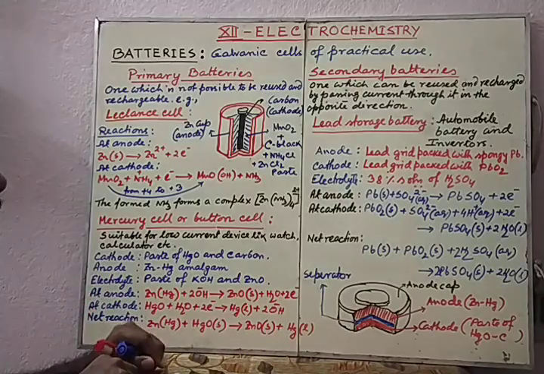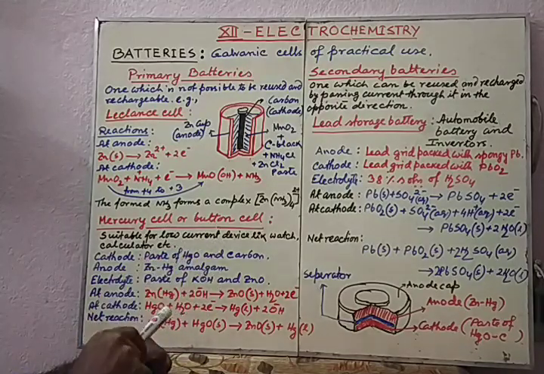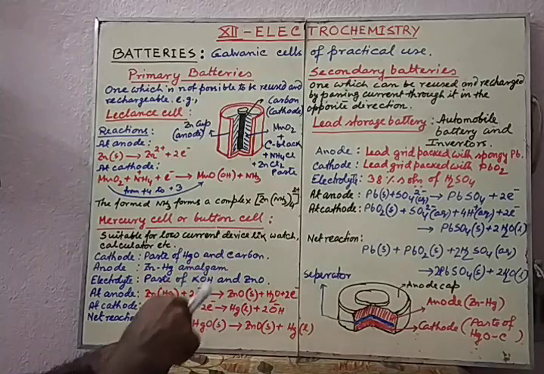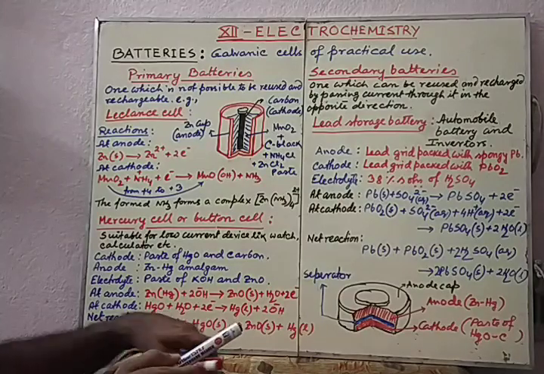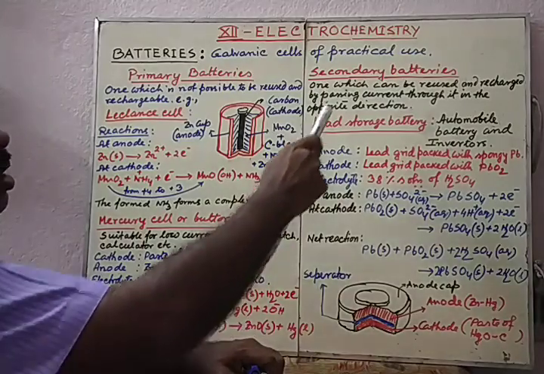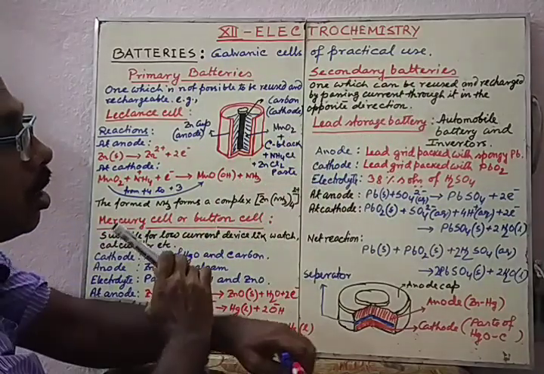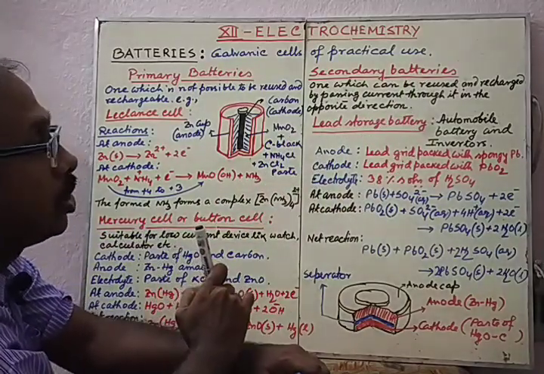So this type of battery is used where low current is needed. That means low current devices like watches and calculators, in which we can use it. Now let us take the second kind of battery. Those are called secondary batteries. Secondary batteries are those which are rechargeable.